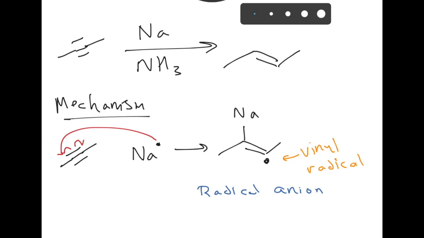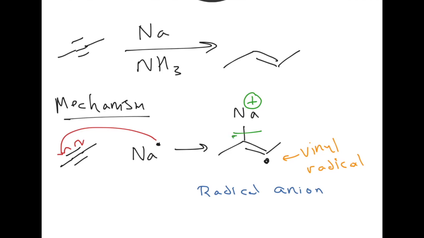So when you look at a carbon metal bond, anytime you see a carbon metal bond, you can, in your head or on your page, break that bond in half and say, hey, the metal side, the sodium in this case, that's going to be positive, right? And now the carbon that that metal is bonded to, that's going to be negative, right? So the carbon that has the sodium on it is the anion part of the radical anion, right? It has a radical and it has an anion, right?